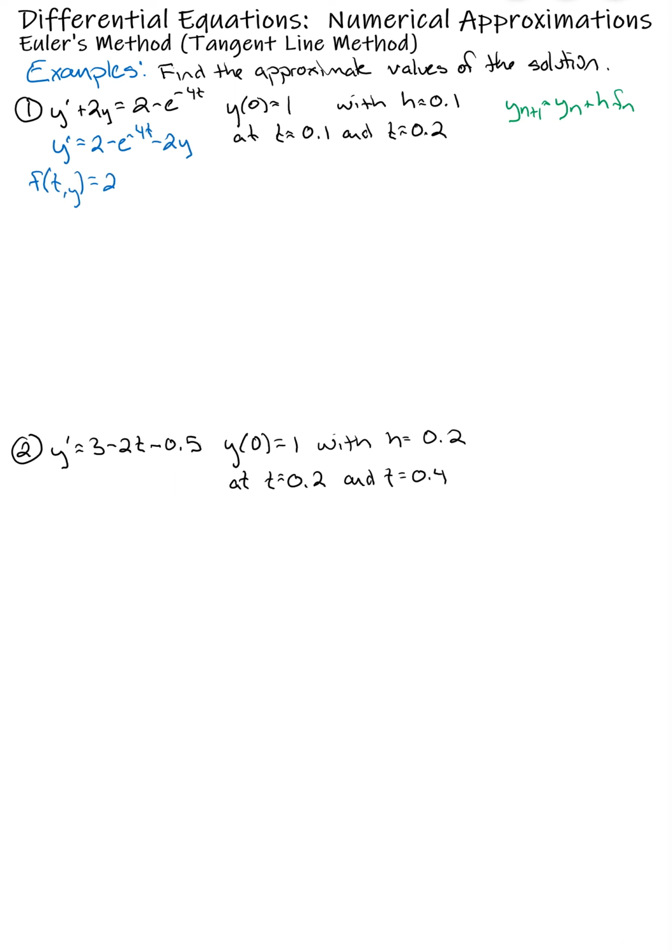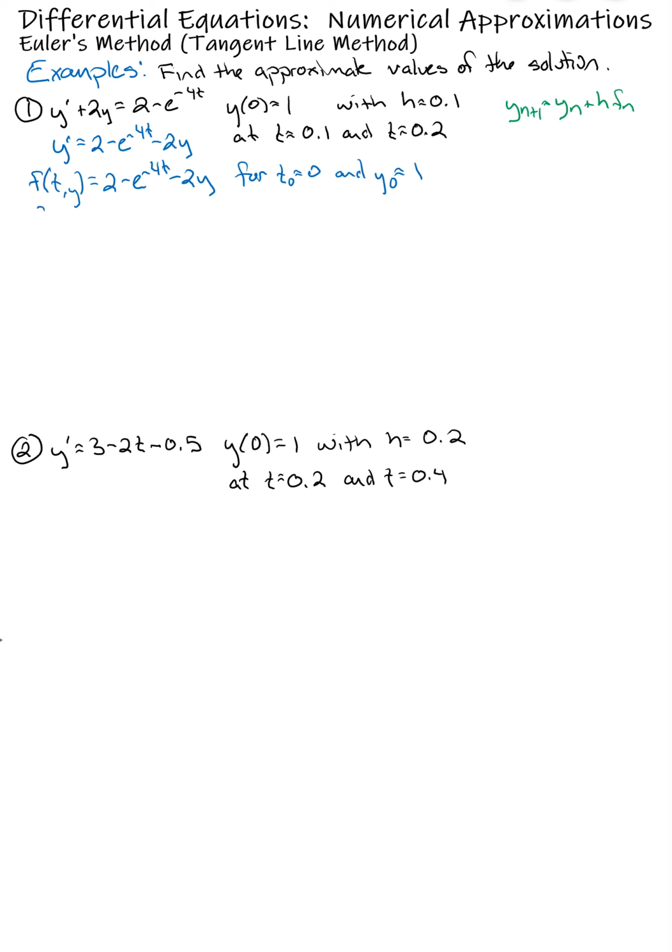And so that's equal to 2 minus e to the negative 4t minus 2y. And we also have those initial conditions, t naught is equal to 0, and y naught is equal to 1.